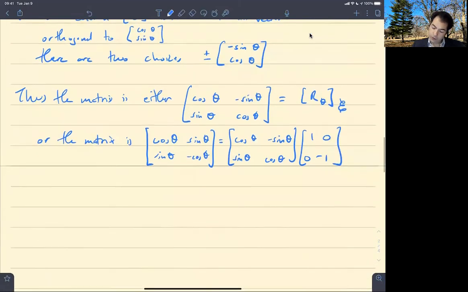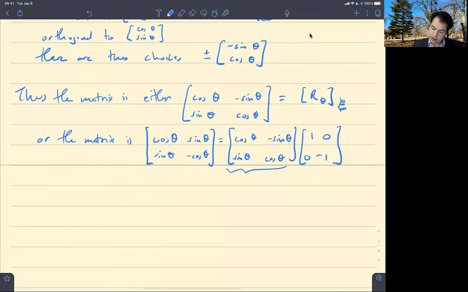Right, so here we have again the rotation by theta, and then this other matrix is reflection across the x-axis. Right? So this matrix corresponds to the linear map that does nothing to the first coordinate, but changes the sign of the second coordinate.